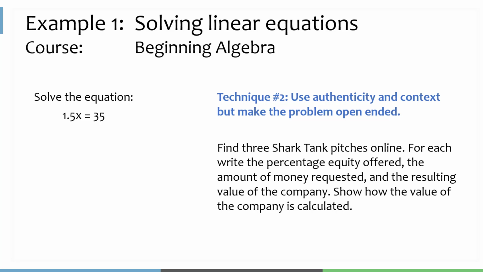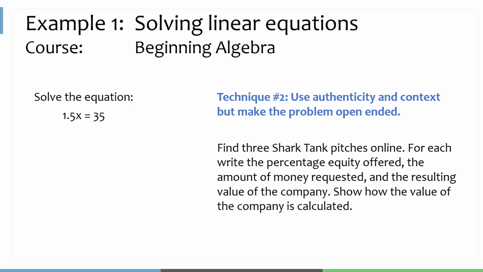Show how the value of the company is calculated. That is much more demanding of students. It requires them to go find things. It's much more difficult to copy or cheat because there are hundreds of pitches to choose from. So if 2 students come up with the same 3, we're going to know they worked together. But this is a great thing that will ask more of students. And again, you can get at the idea of solving linear equations with this.